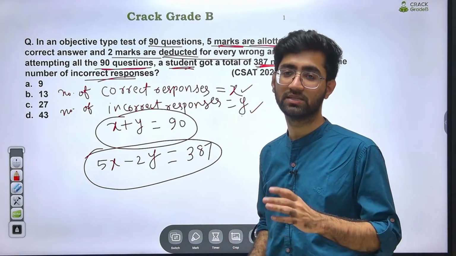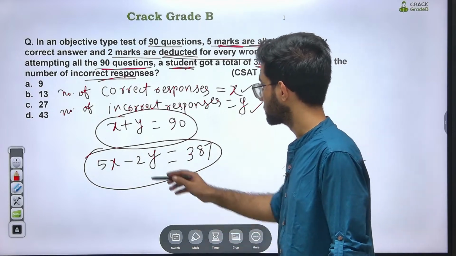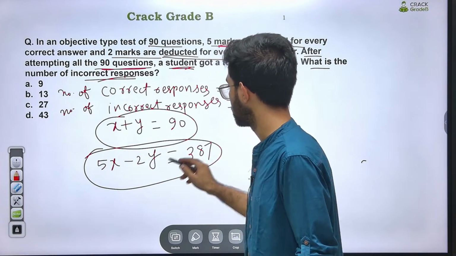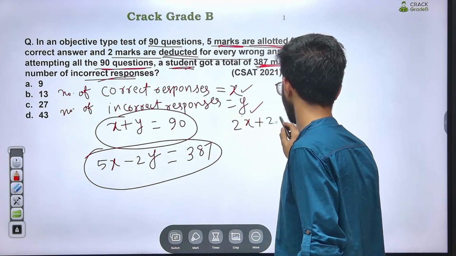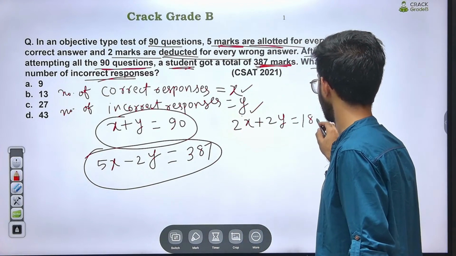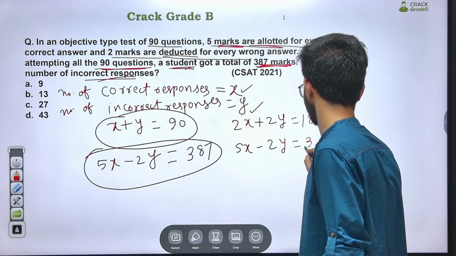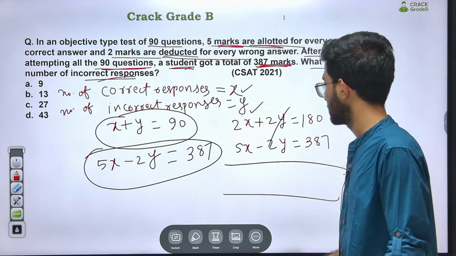Now the question is, what is the value of y? So let us solve these equations. See, if you multiply this equation with 2, you will get 2x plus 2y, that is equal to 180. Then 5x minus 2y is equal to 387. If you add both equations, these values will cancel each other.